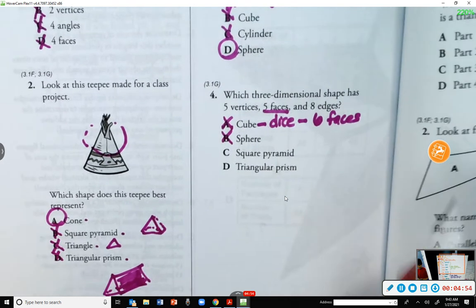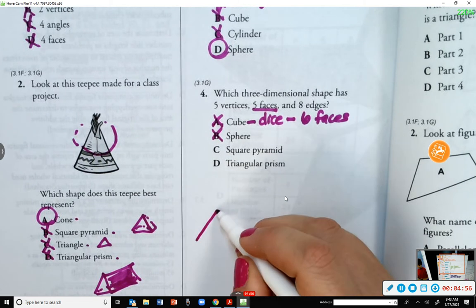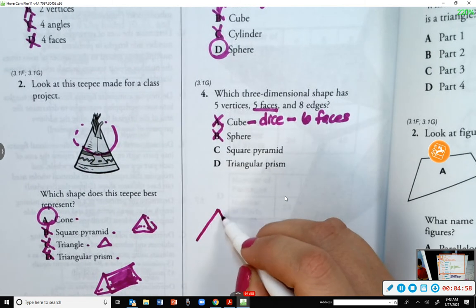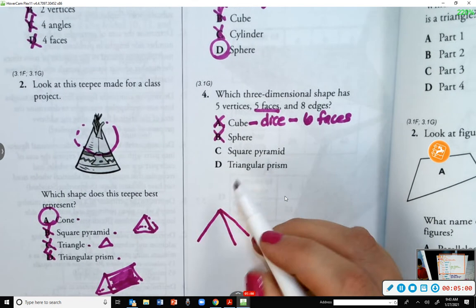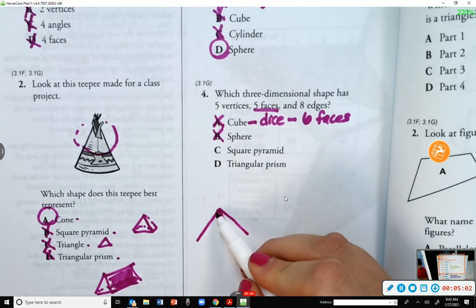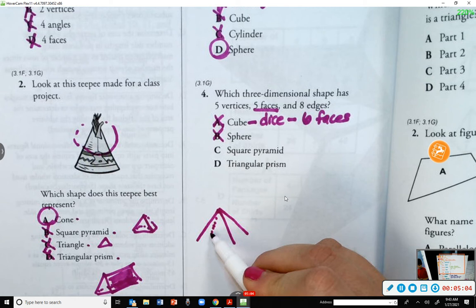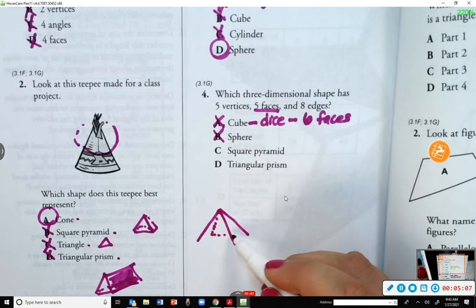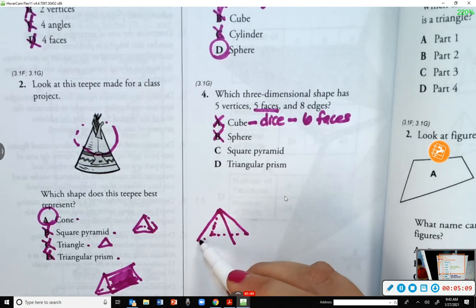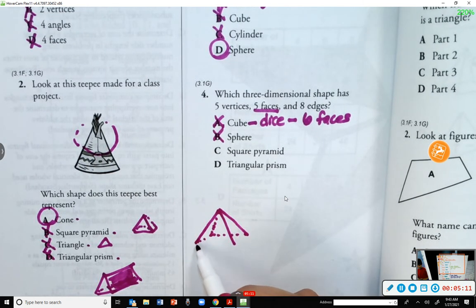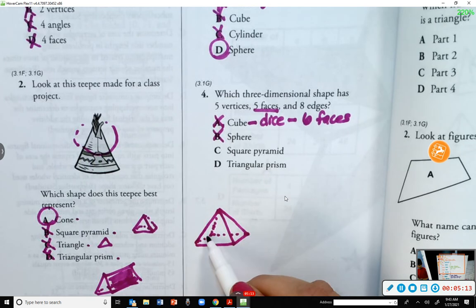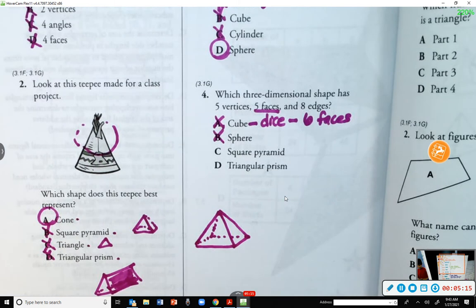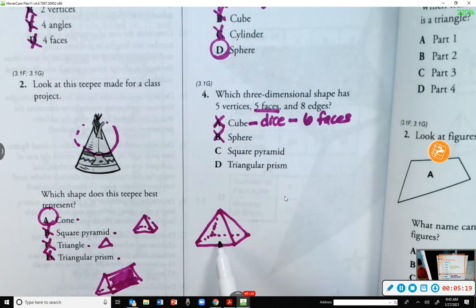And a square pyramid looks like this one. So let's count the faces. I'm going to count the bottom first, so that's 1.